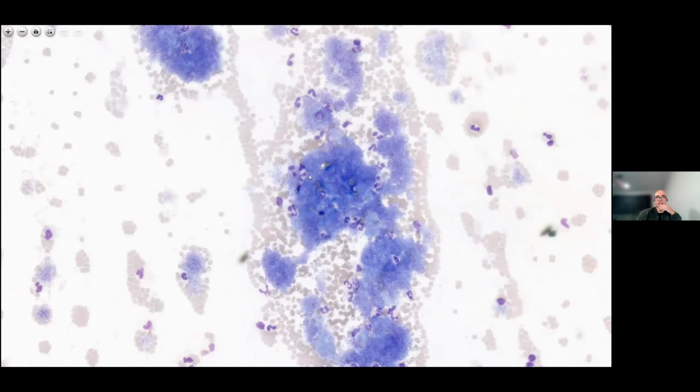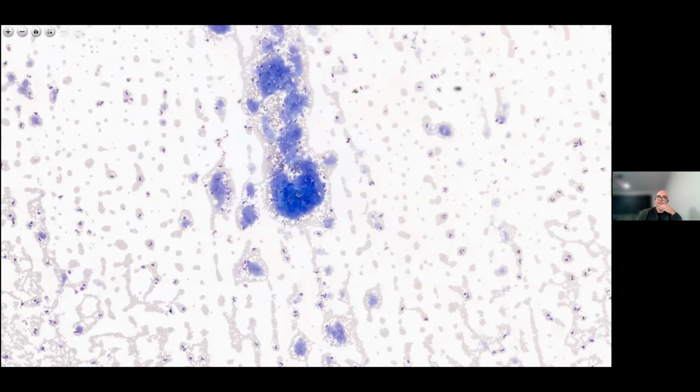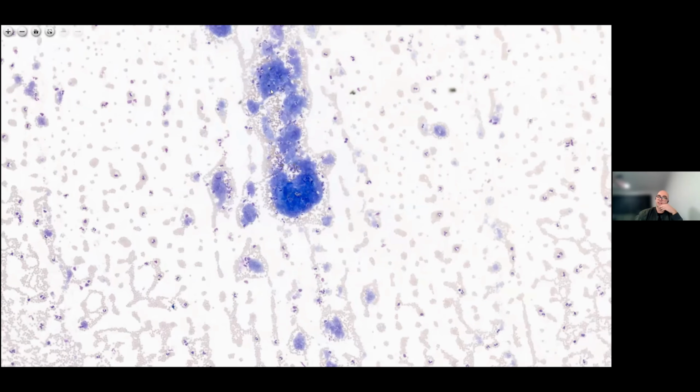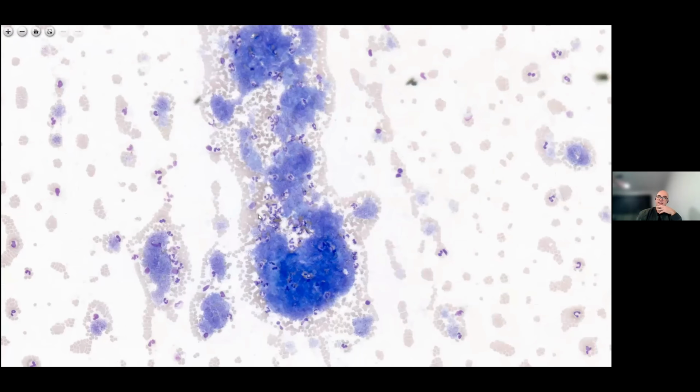Okay, so this is a textbook case of platelet clumping. And platelet clumping can be due to two things predominantly. So it could be due to an in vitro phenomenon where the platelets aggregate together due to an autoantibody.